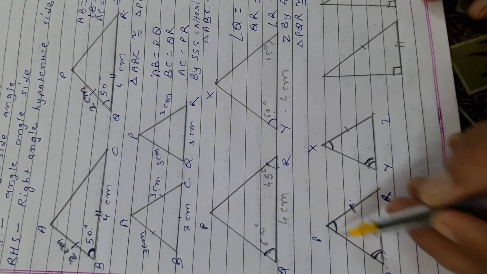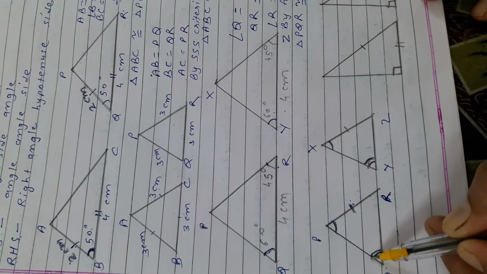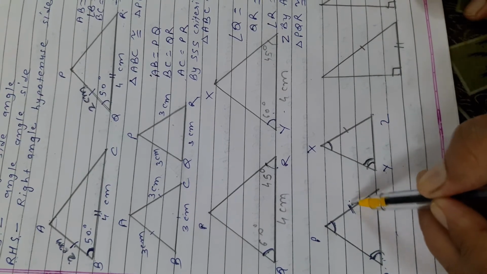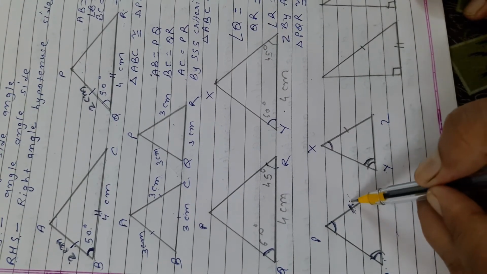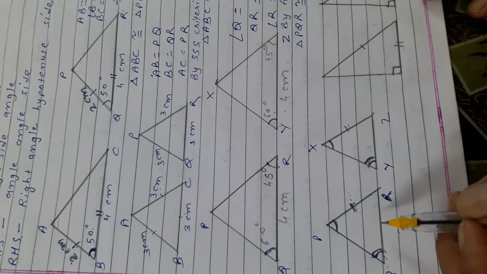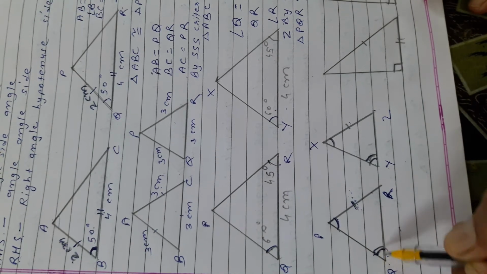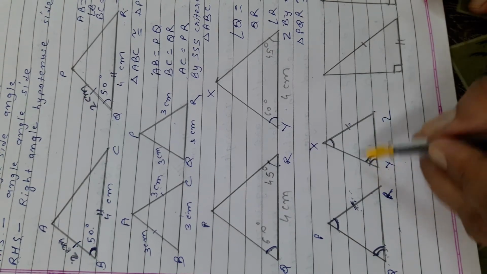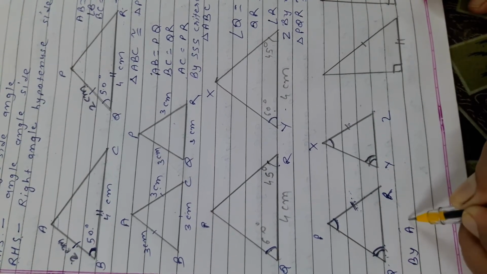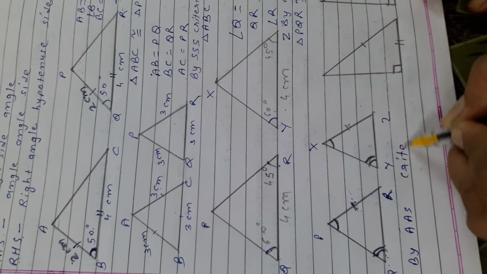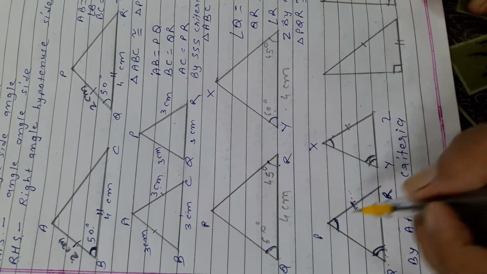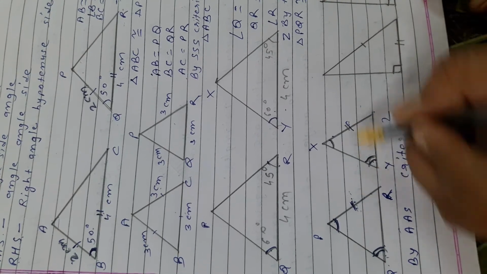So here if two pair of corresponding angles are same, and the side which is not included of both the triangles are same, then by angle angle side criteria, both the triangles are congruent. By angle angle side criteria, because this angle is same, this angle is same, and this side is not the included side of both the angles.